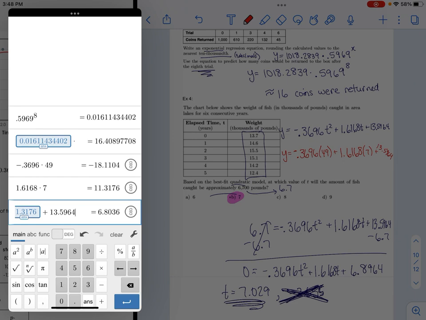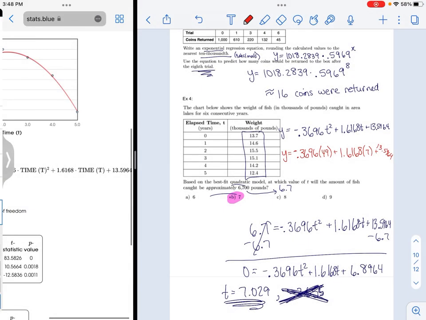So in the end, I get about 6,800 pounds, but out of all of these, if I had tried them all, this would be the closest to 6.7. So 7 years is my best answer. So either way you do it, either just solving using polysmelt for that quadratic or finding using your multiple choice answers is a good way to go.